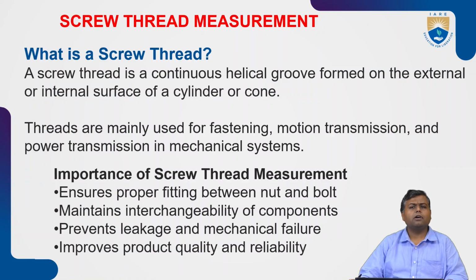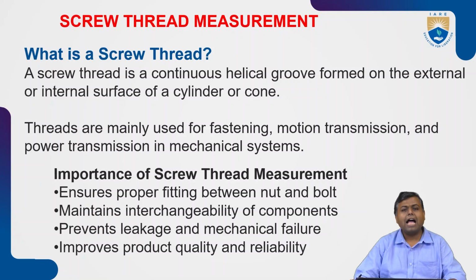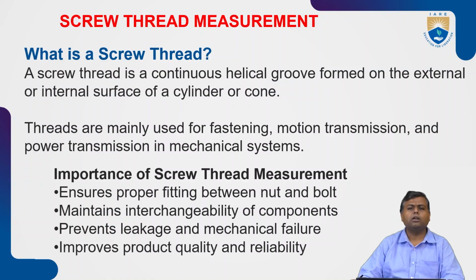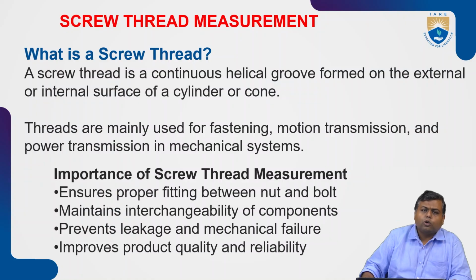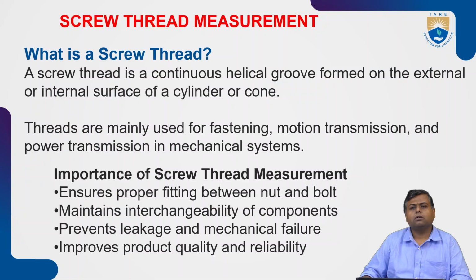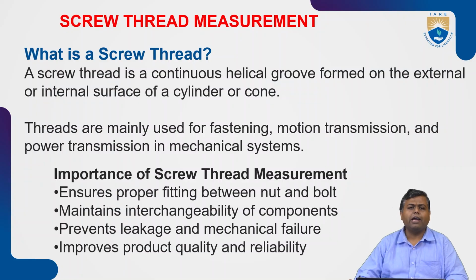The importance of screw thread measurement is that we need to ensure proper fitting between nut and bolt, as well as maintain interchangeability of the components. It also prevents leakage as well as mechanical failures in the mating parts, and ensures the functional properties of different machines. So it will improve the product quality as well as reliability.